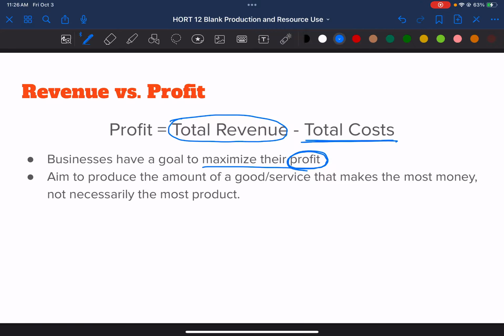We want to produce the amount of a good or service that makes the most money in profit. I should specify that there. And that's not necessarily the most amount of product or the most revenue.